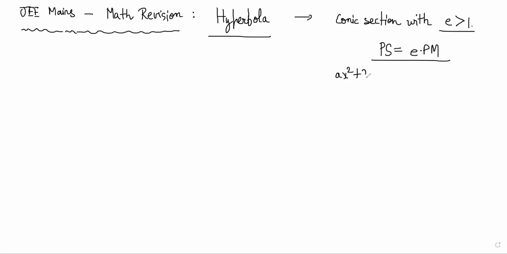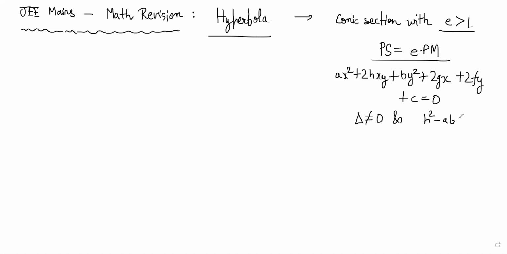And in order to identify the 2-degree curve as a hyperbola, what you have to say is del should not be equal to 0 and h square minus ab should be greater than 0, right?